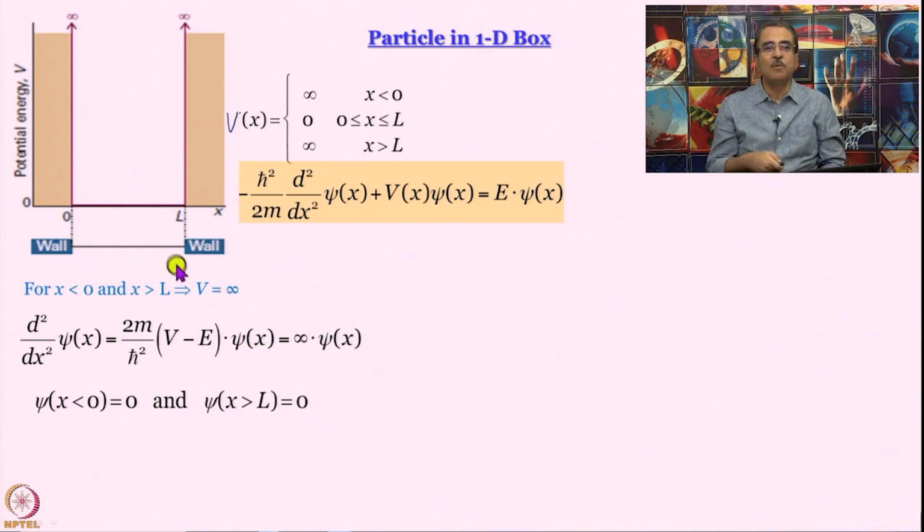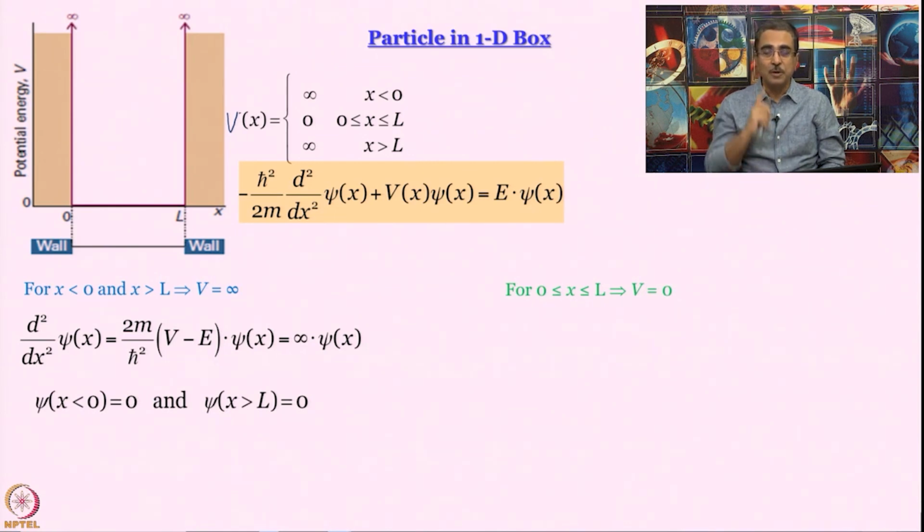So this can only be correct if psi of x is 0. So right away we learn that for x less than 0 and x greater than L, the wave function is equal to 0.